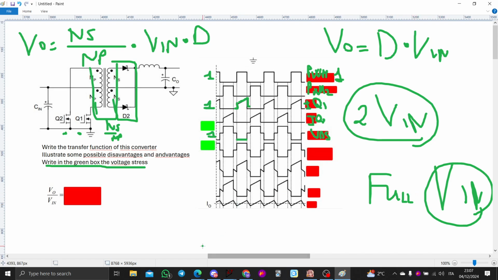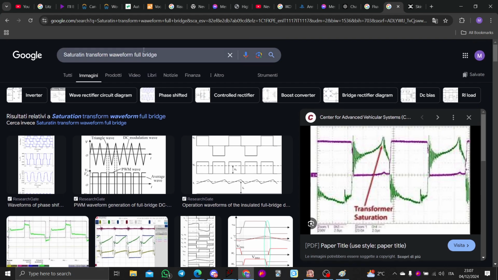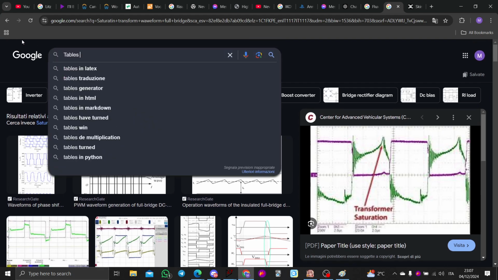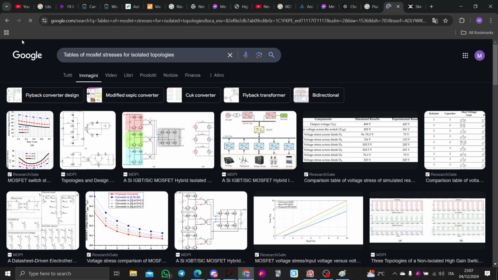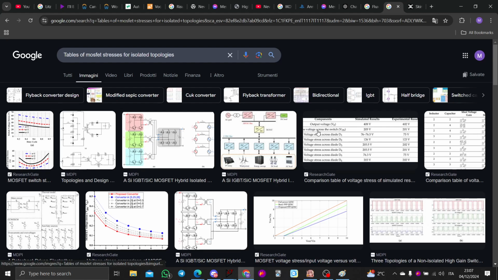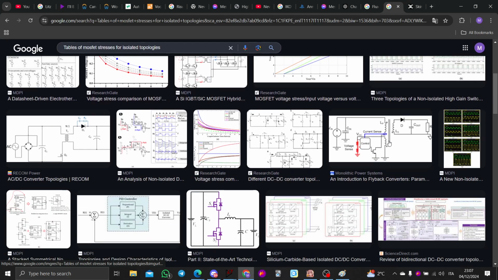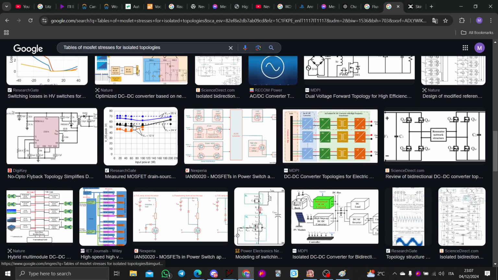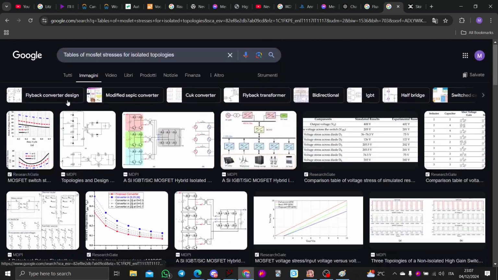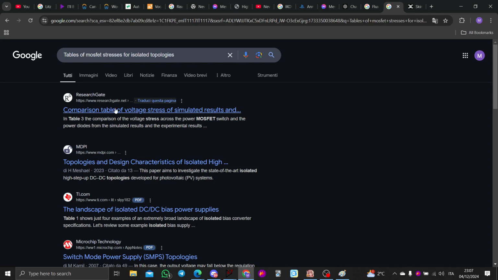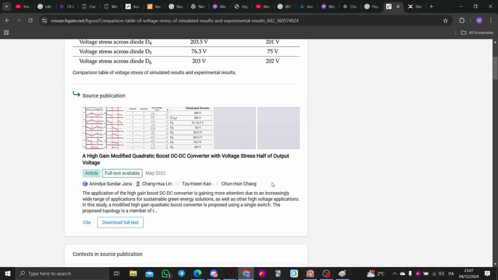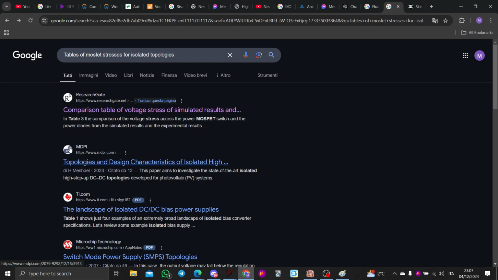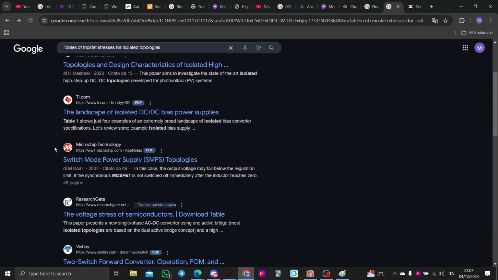I think that you can find on Google tables of MOSFET stresses for isolated topologies. I think that you can find some sort of tables which indicate the stresses, because they are very famous. Okay, these tables. Yes, something like that. I think that you can find something on the net.